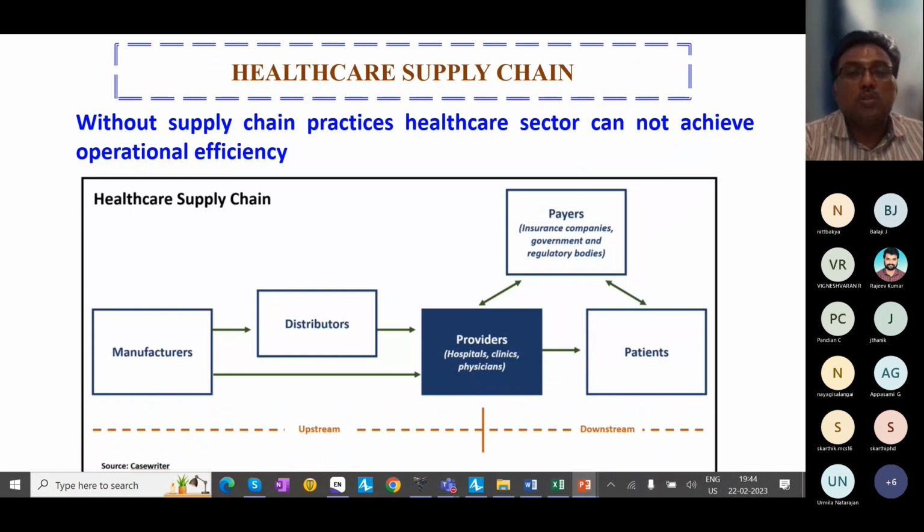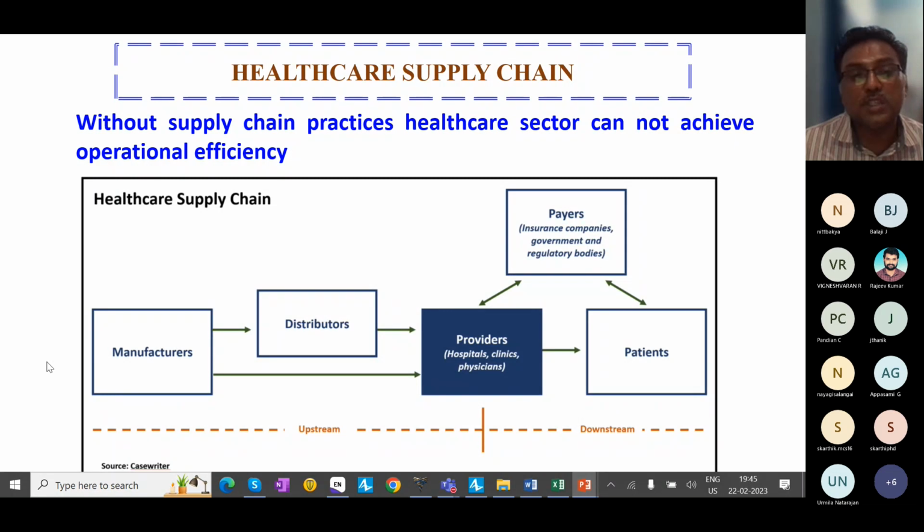And now we come to healthcare supply chain. So far we have had maybe 2.5 sessions. Madam presented about appointment scheduling, and Professor Gunjan shared about Industry 4.0 and how it is relevant for healthcare. And if you see, healthcare, of course, includes, some people say this is upstream and this is downstream.